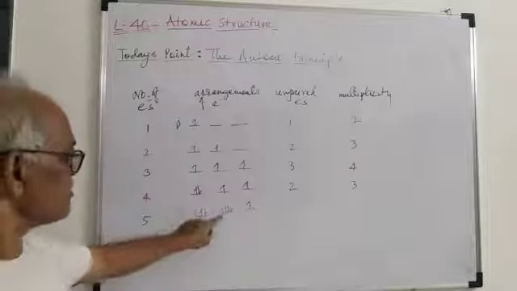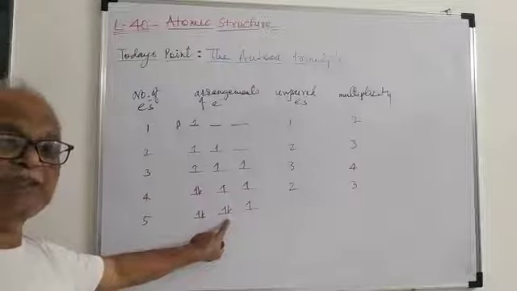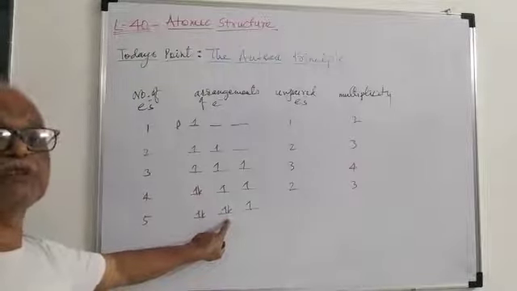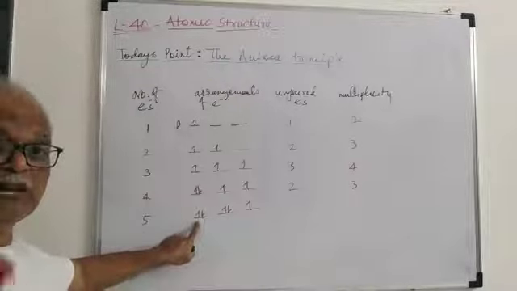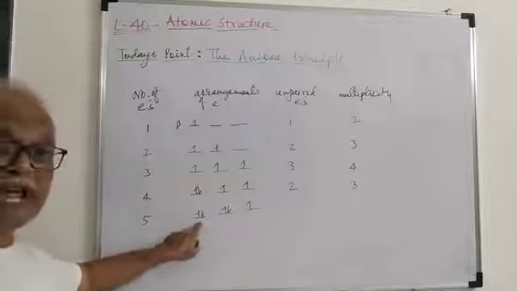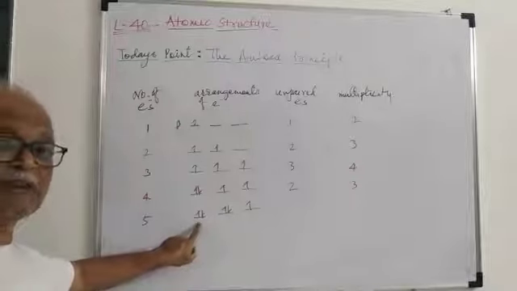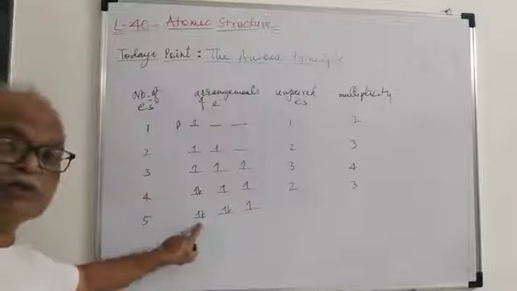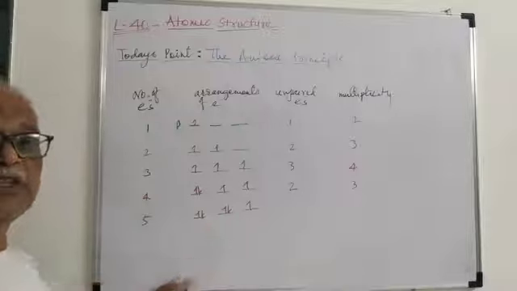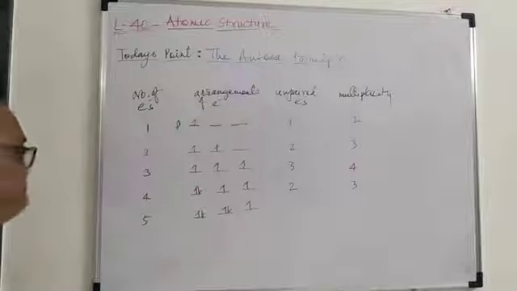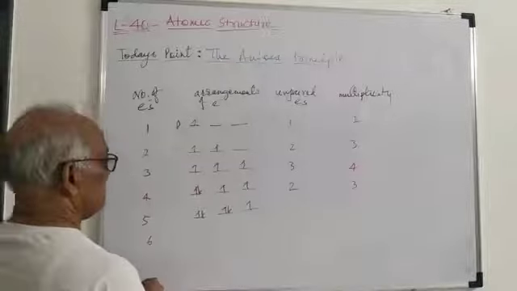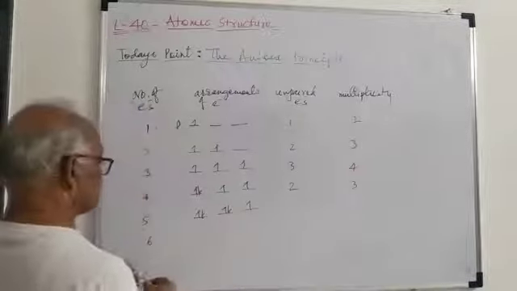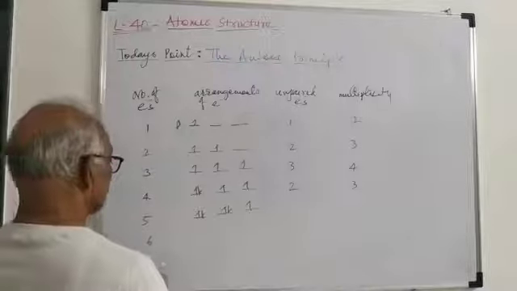Each atomic orbital can hold a maximum of 2 electrons with opposite spin. When an atomic orbital has only 1 electron available, it may hold just that 1 electron. Then, when we have 6 electrons, we have to show these here.